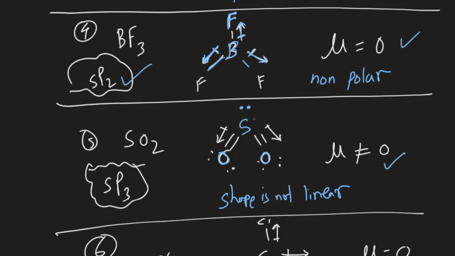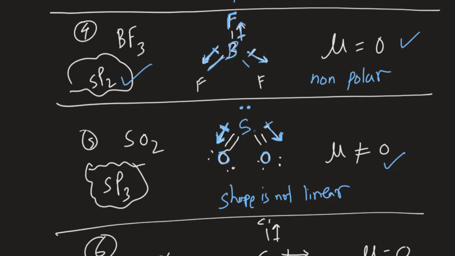Shape is not linear. That means the dipole moments will be shown like this, from sulfur to oxygen. Oxygen is more electronegative than sulfur, that's why the dipole moments will be shown like this.